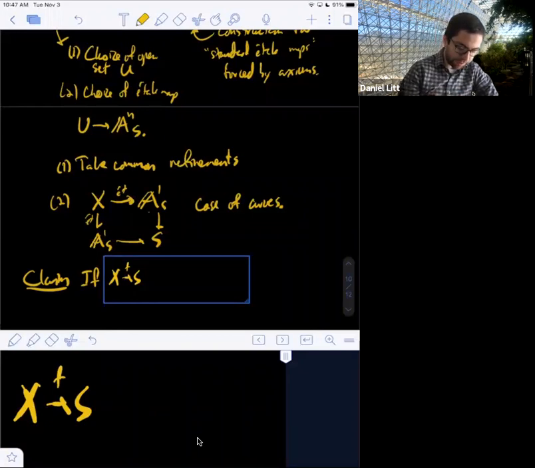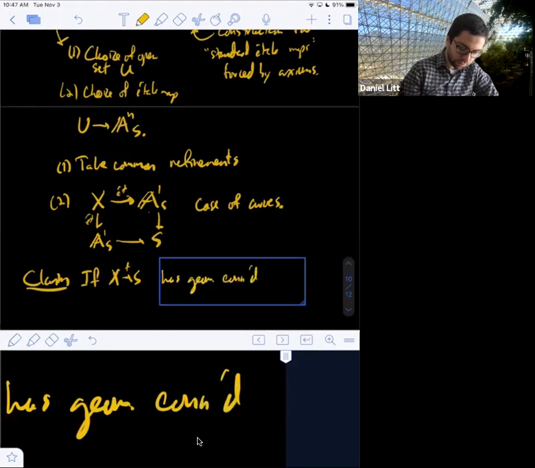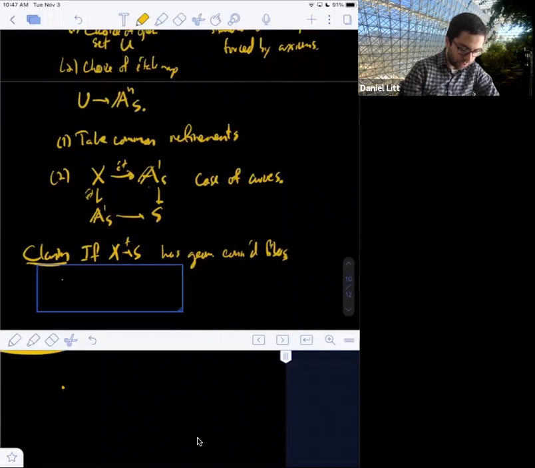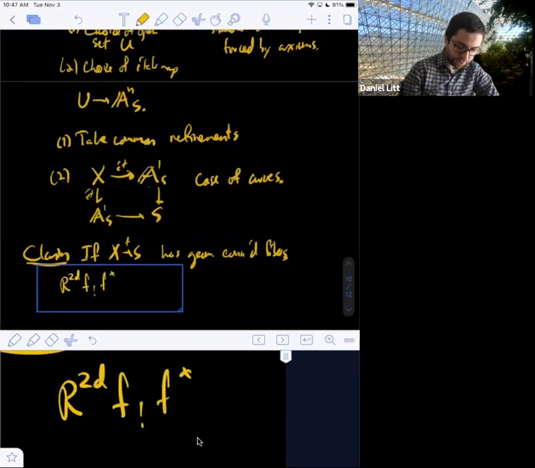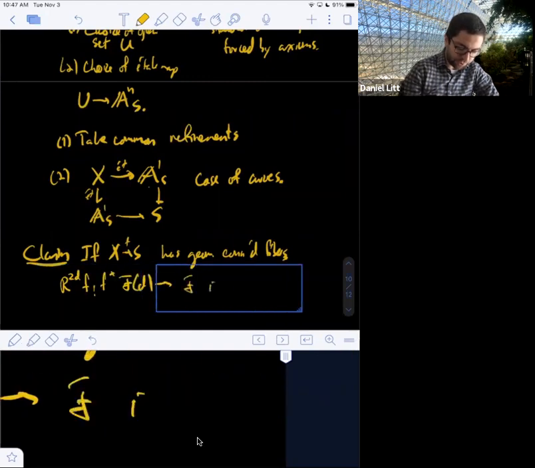But now the claim is that if X to S has geometrically connected fibers, this map from R^{2d} f_! f^* F twisted by d to F is actually an isomorphism.